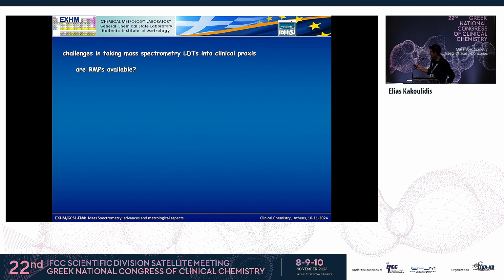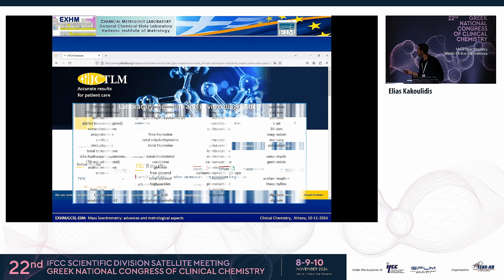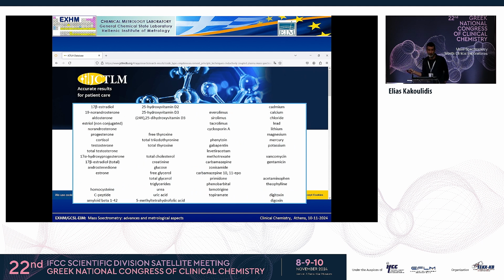And are there actually RMPs available to support mass spectrometry in the clinical laboratory? If we visit the JCTLM site and click all the choices we have for mass spectrometry, we get 152 results. Here are the molecules that are currently being supported. It's more or less the same list as what we got from the capabilities.